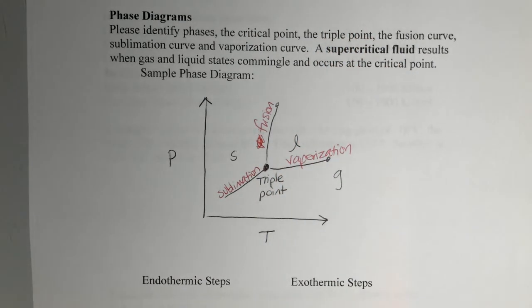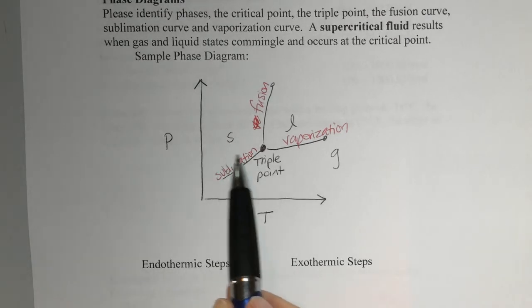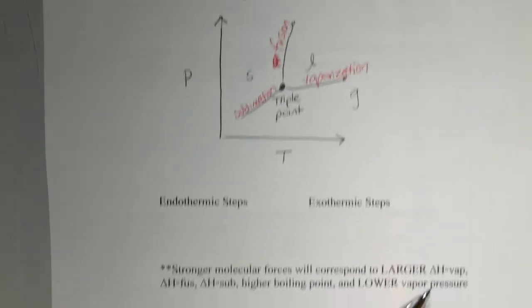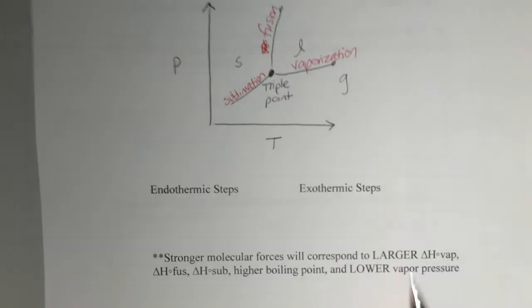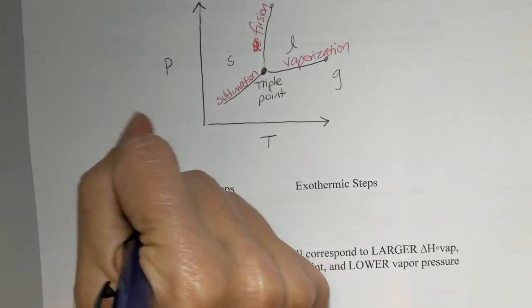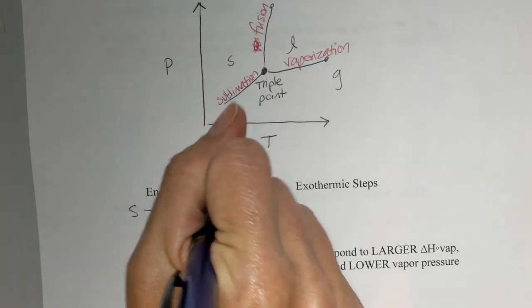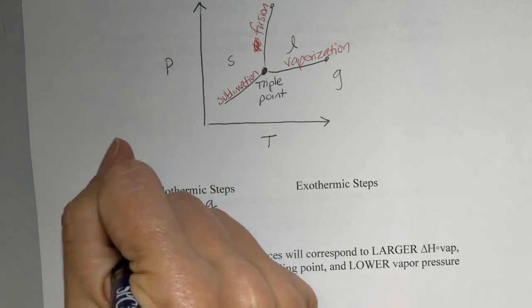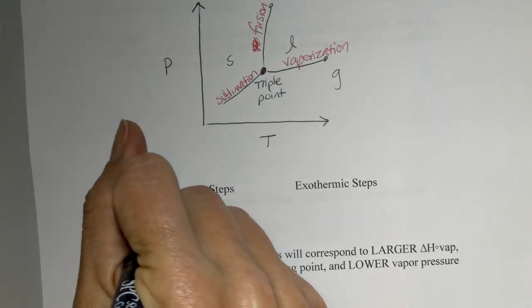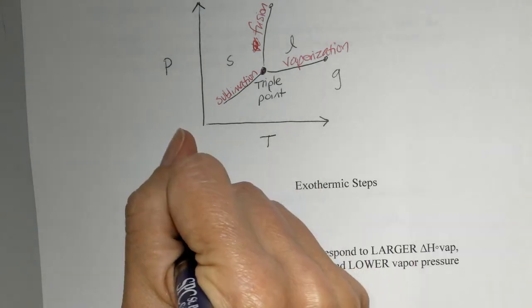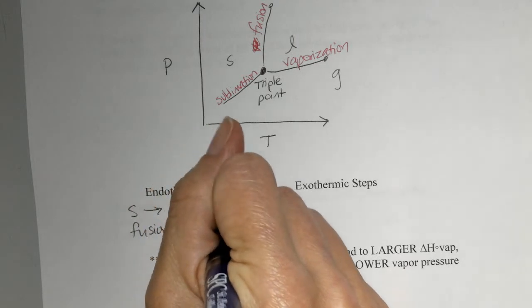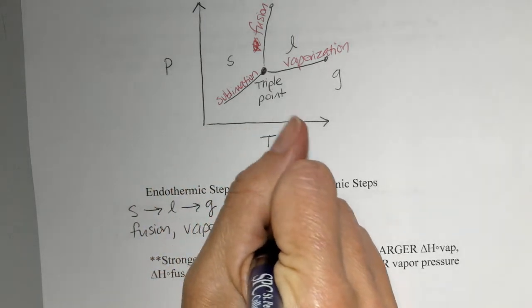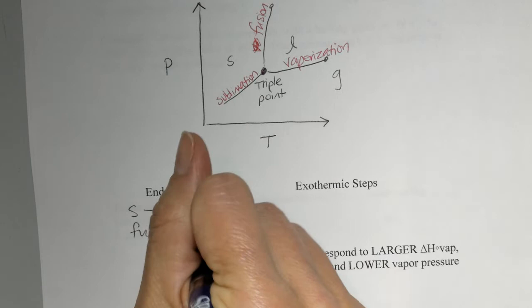So endothermic, right? Increasing temperature, putting energy in. Endothermic step, going from solid to liquid to gas. So solid to liquid, fusion, liquid to gas, vaporization, and then solid directly to a gas, sublimation.